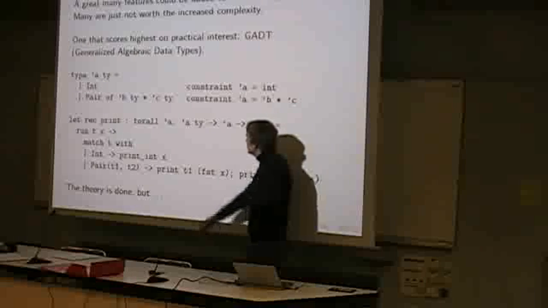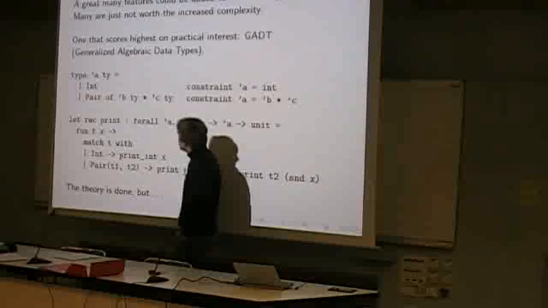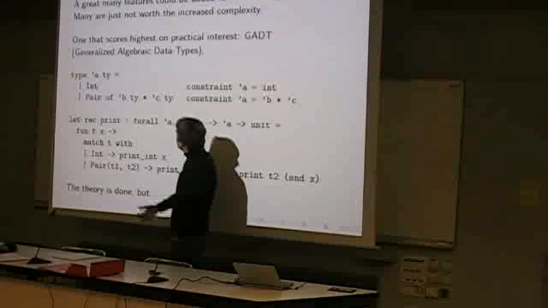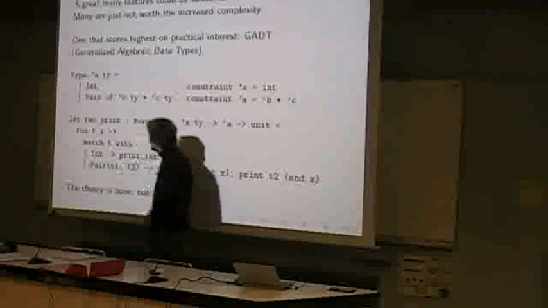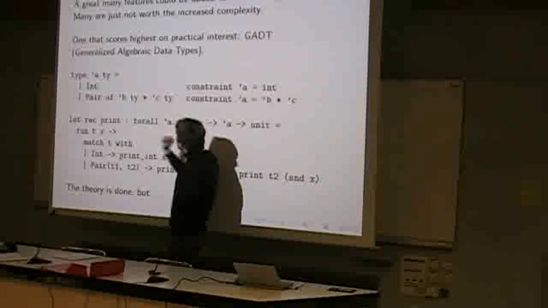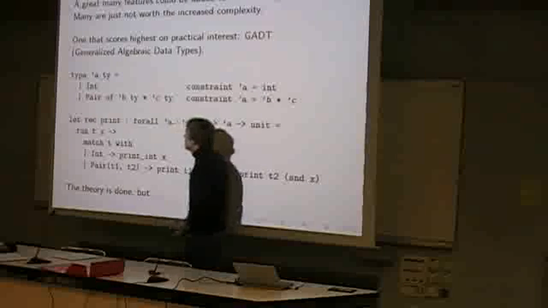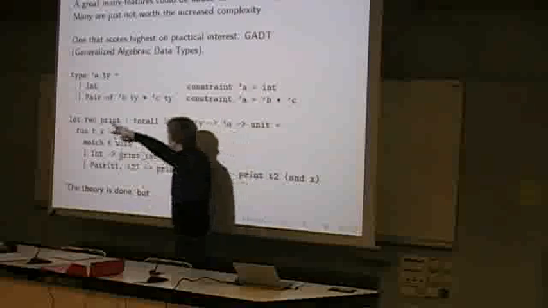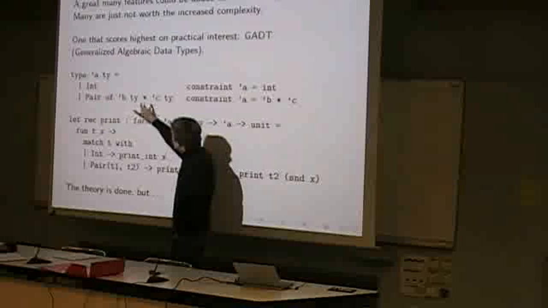But for instance, the intent is to have some kind of runtime representation for types, type expressions. And if I have a type representation that is a constructor int, I actually know that it will have type int ty, nothing else. Likewise, if I have a pair, then the parameter here will be a product type that will reflect what is in the pair.